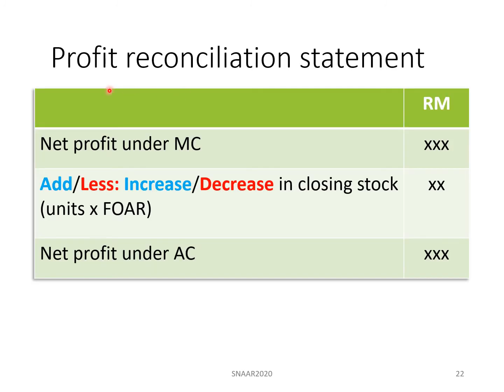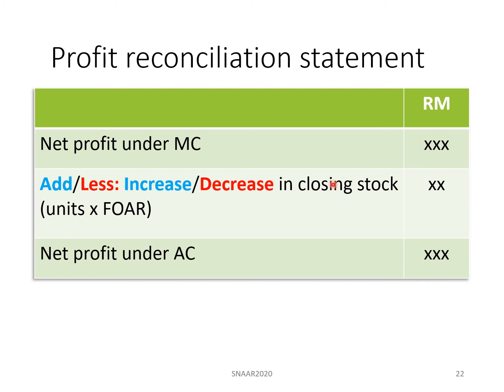Okay. Next adalah kita nak reconcile profit antara marginal dengan absorption. So this is a profit reconciliation statement. So the net profit under MC, okay, yang tadi tu, you akan add or less the increase or decrease in closing stock. So, how do you know the increase or decrease in closing stock? You akan compare opening dengan closing.